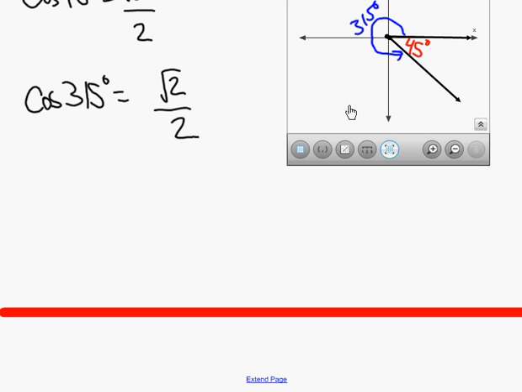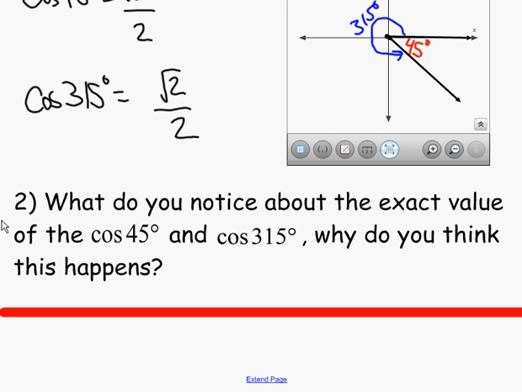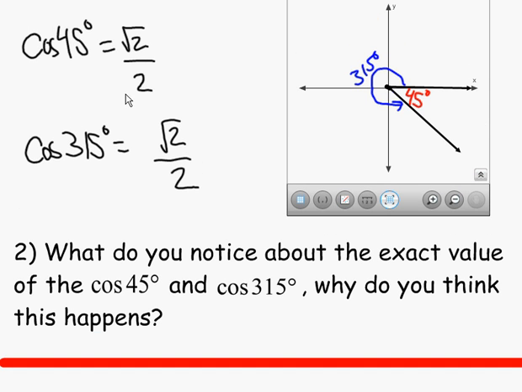So what do you notice about the exact value of the cosine of 45 degrees and the cosine of 315 degrees? Well, we just said it. It's the same value for both. They're both positive radical 2 over 2. Why do you think this happens?